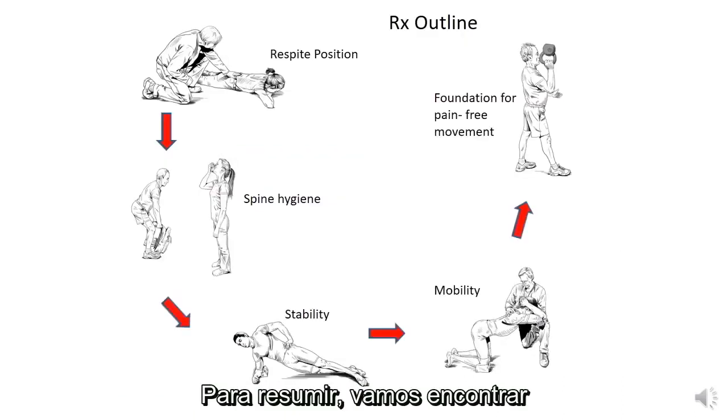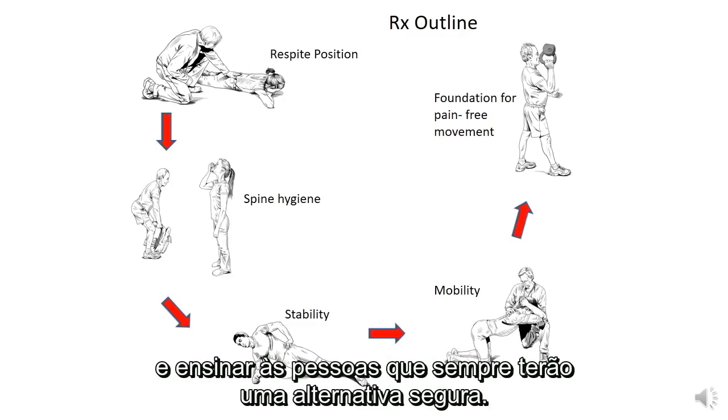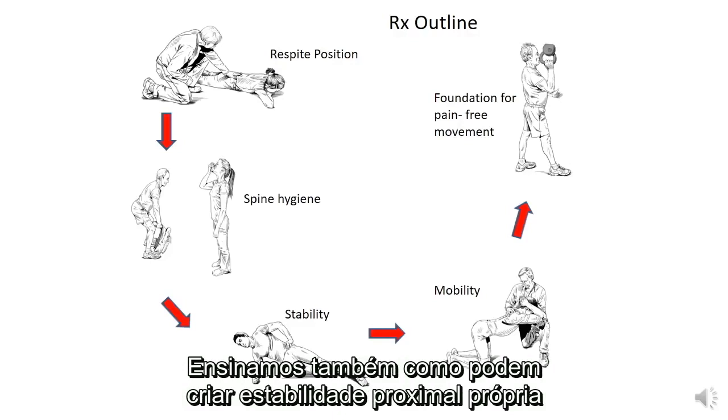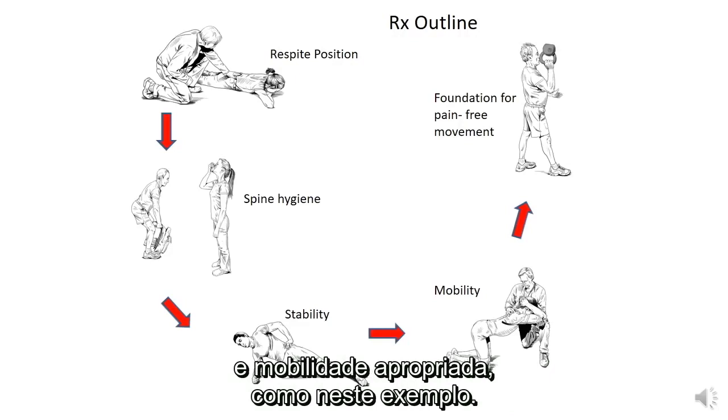So to summarize, we would then find the pain-free position, the position of respite, and coach the person. They have always a safe place to go. We show them how they can move without triggering their particular pain triggers. We then show them how to create proximal stability for them, then appropriate mobility.